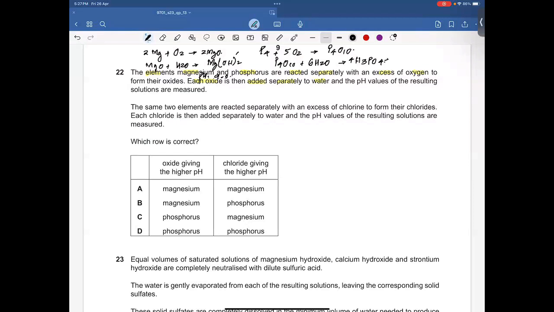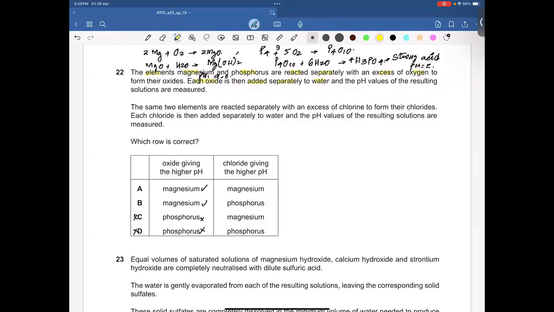It's a strong acidic solution and this will give you a pH of 2. So which oxide has a higher pH? Higher pH is basically magnesium. So magnesium is the right answer. Obviously phosphorus is going to be incorrect, so C and D options are incorrect.